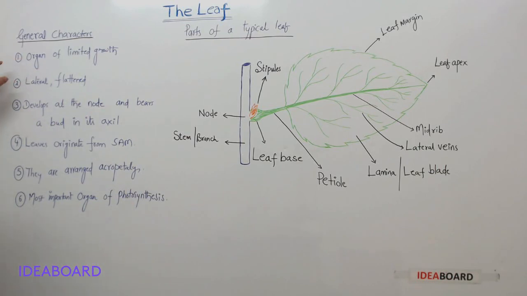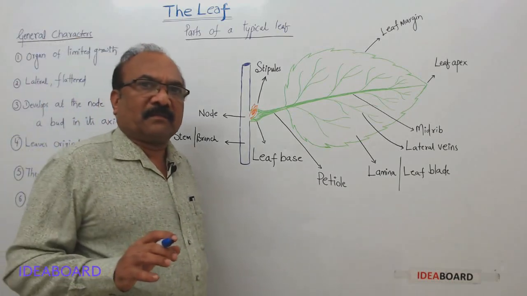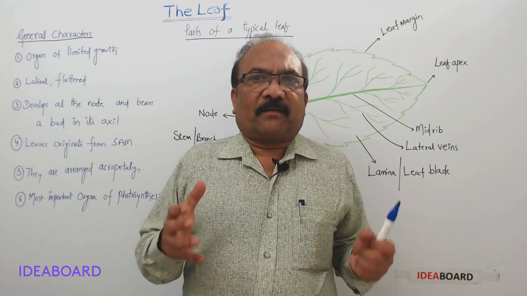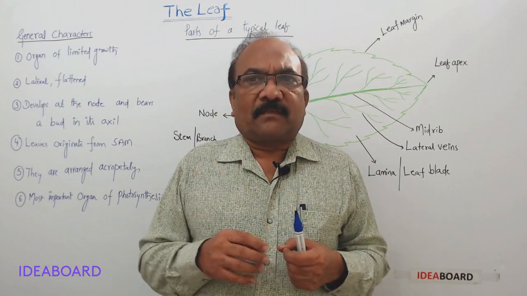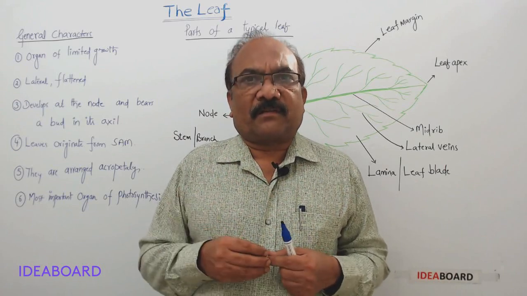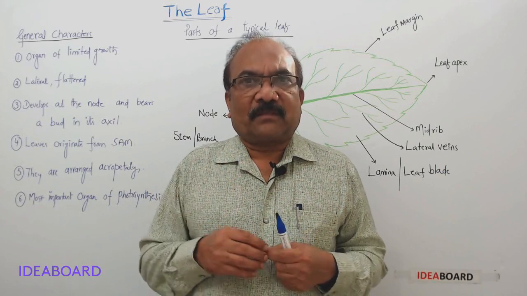The first character is that the leaf is an organ of limited growth. What does it mean? Remember that some parts of the plants will grow continuously, so they exhibit unlimited growth.